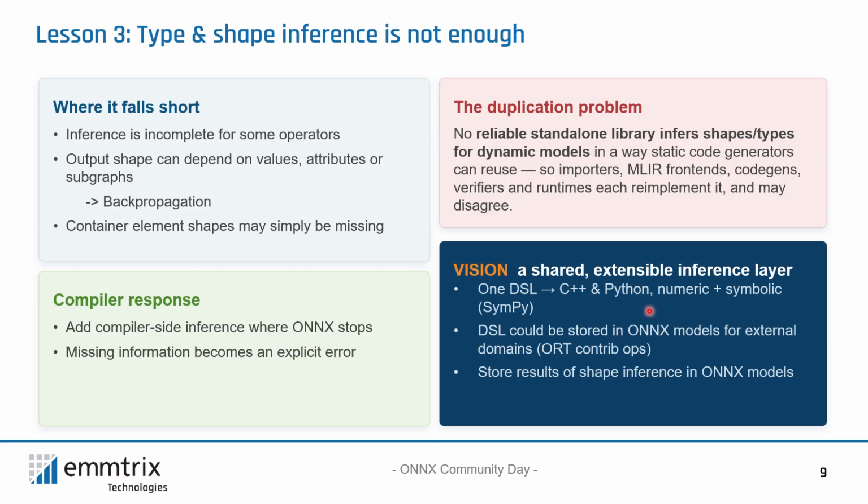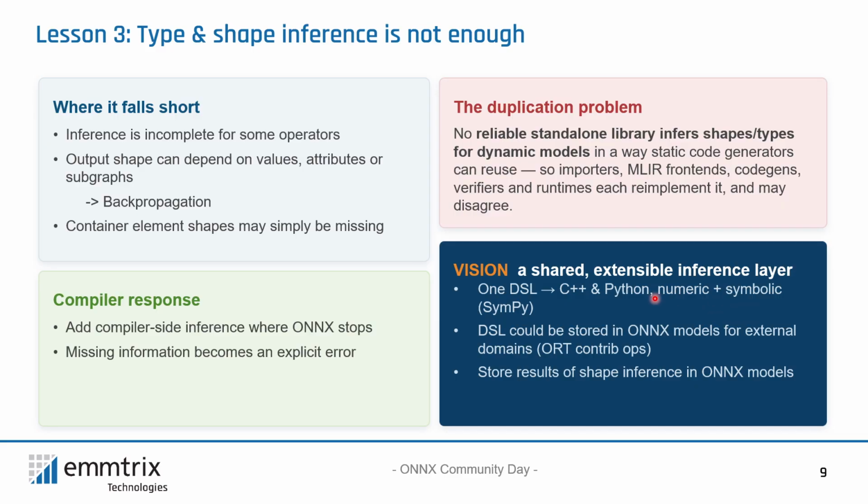Shared means that we define a domain-specific language that can describe for each operator how type and shape inference is performed. And this can be used by C++, Python, or any other language to derive shapes, either in a numerical or in a symbolic way, depending on what you need.